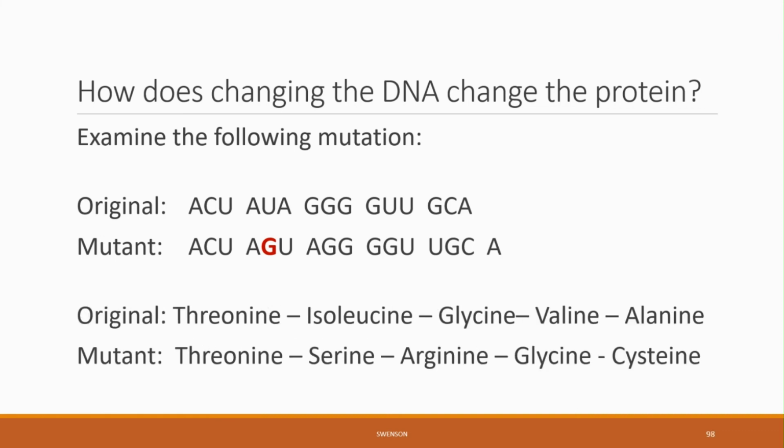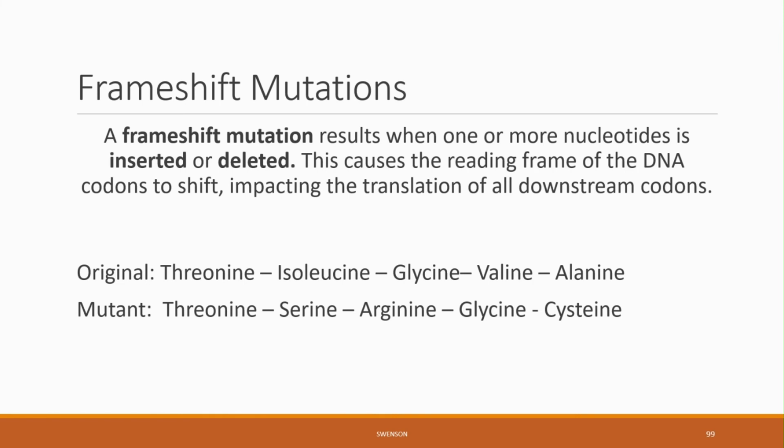And if we jump to the conclusion here, if we were to use the codon chart, we can see that the first amino acid would be the same, but every subsequent amino acid would be different. And so this is going to be read completely differently by the ribosome. This is called a frame shift mutation, which results when one or more nucleotides is inserted or deleted.